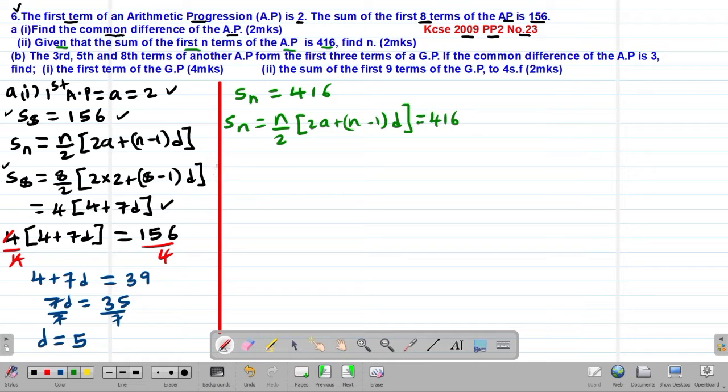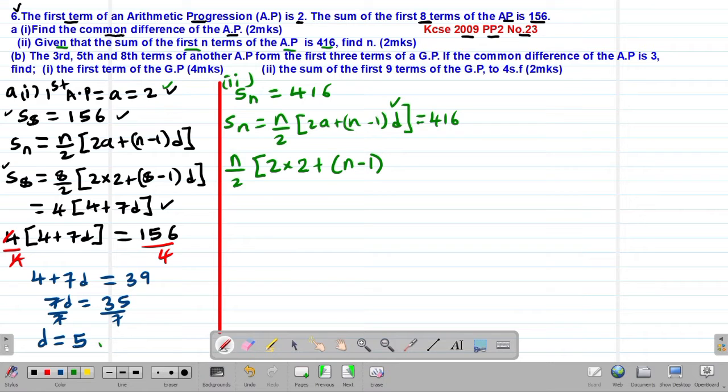So if I substitute the values that I'm given in this particular case, I don't have n, so I'll have n over 2, into bracket 2 multiplied by a. I was given the first term to be 2, because remember we are still dealing with the same AP. So the first term was 2, plus n is the number of terms, which is not known, minus 1 multiplied by d.